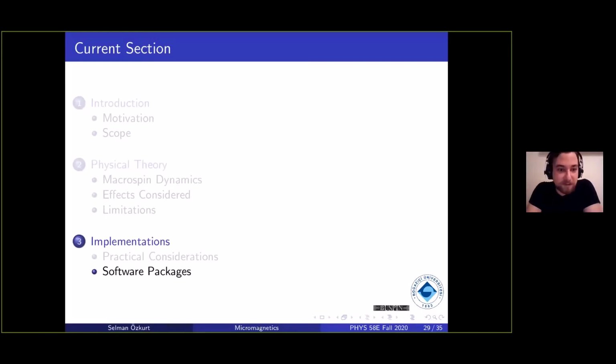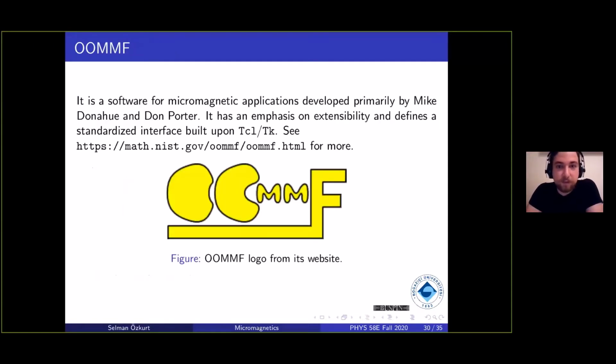Sorry for the interruption. Now we are going to continue with ready-to-use software packages that could be made use of in micromagnetic applications. The first of them is OOMMF, which is intended to be a very generic software package for micromagnetic applications.